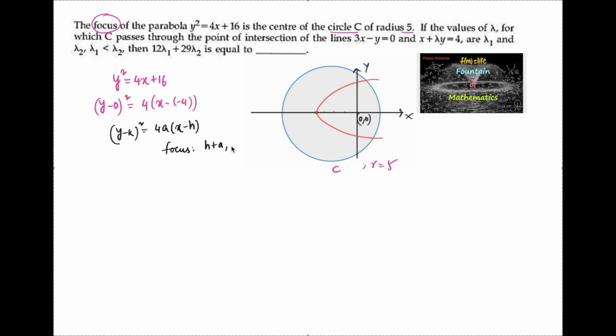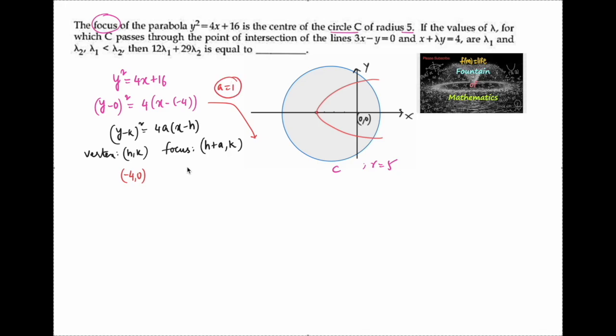h plus a comma k, where the vertex is h comma k. So in the given parabola, the vertex is minus 4 comma 0, and comparing, the value of a is equal to 1.